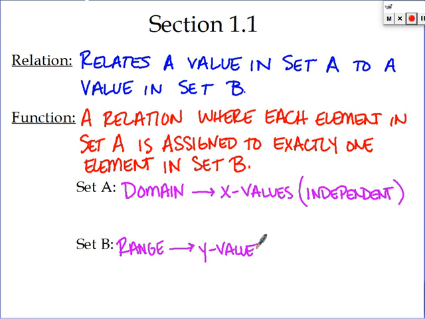And that would be the dependent variable. So no matter what x is, because x is independent, so you could pick any x to be anything you wanted, what would y then be? So you get one y value from that.